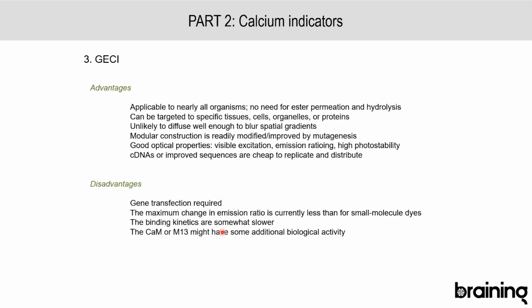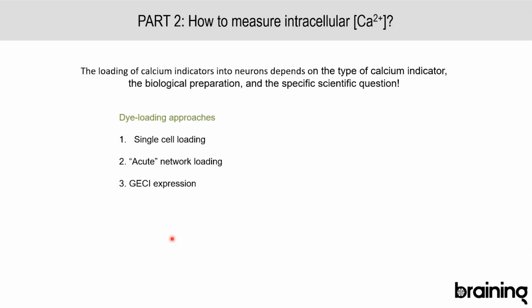The binding kinetics are somewhat slower than the chemical indicators. And the kinase and M13 might have some additional biological activity because they also exist endogenously.